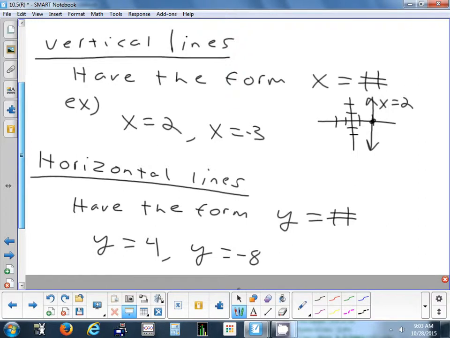The x is gone. These are special cases. In horizontal lines, it's just y, an equal sign, and a number. Y equals 4 would be a horizontal line at 4. How about y equals -8? You go down 8 and then put a horizontal line.